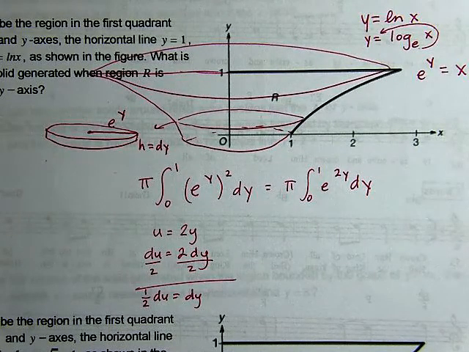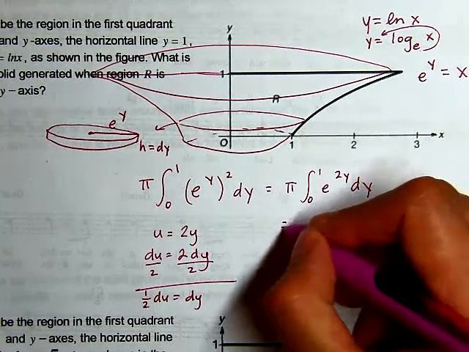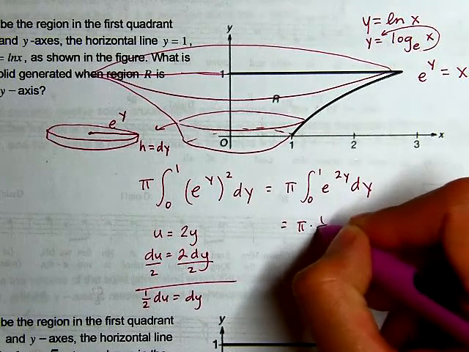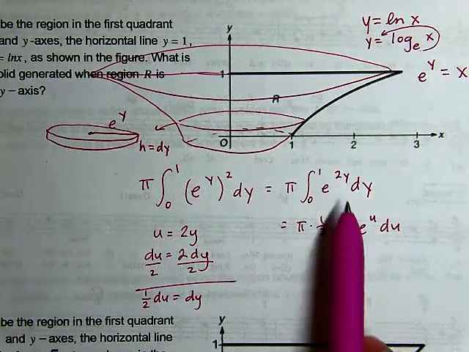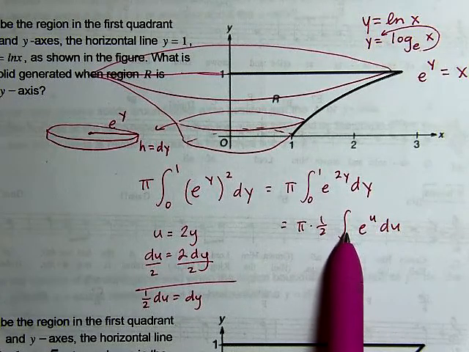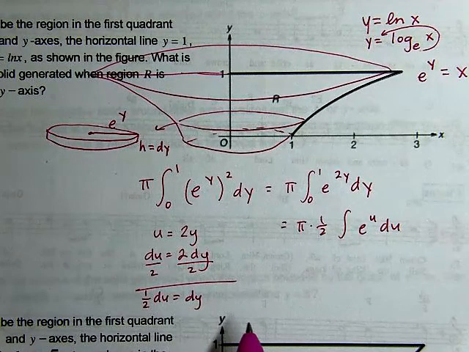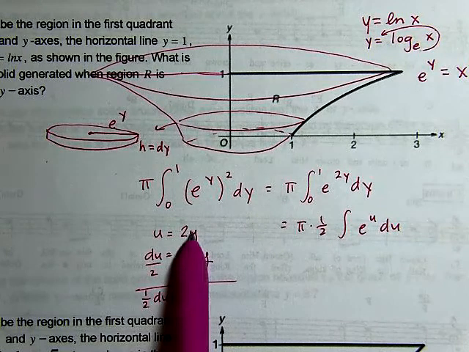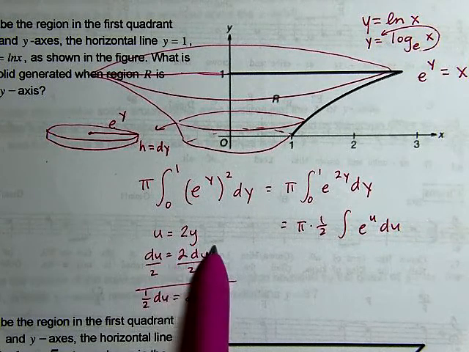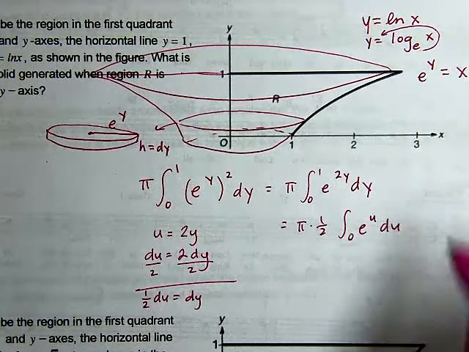And we have to put in a 1/2 somewhere. So my 2y becomes a u. My boundaries are from 0 to 1. However, when I plug them in to substitute in for u, 2 times 0 would still be 0.